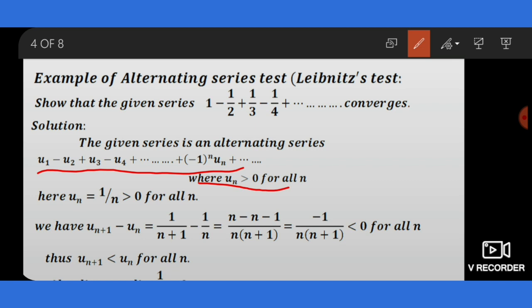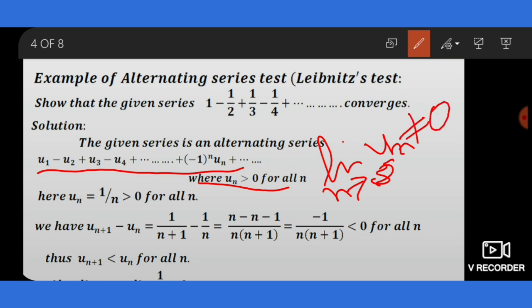If the limit as n goes to infinity of un does not equal 0, then the limit of s to n and the limit of s to n plus 1 will differ, and so the series will not be convergent. Such a series is an oscillatory series.